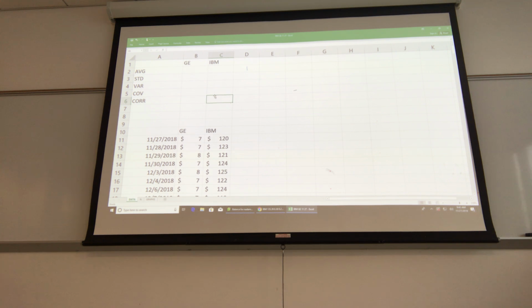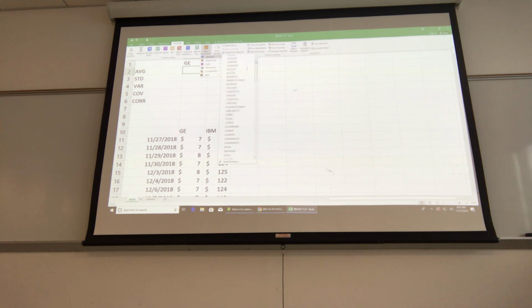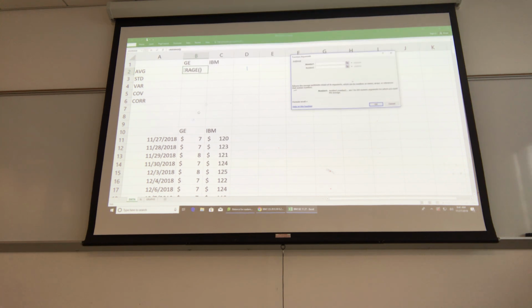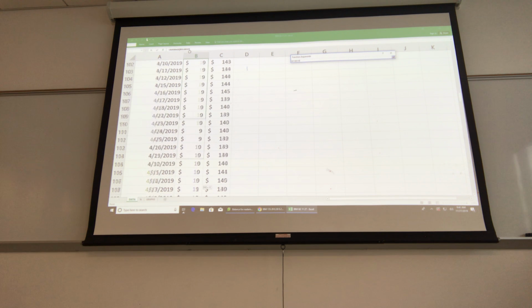And I want to do two things. First, I want to use the formulas that I have from Excel. So I'll go to my formulas and use my statistical formulas. I want to know what is the average for that particular price.